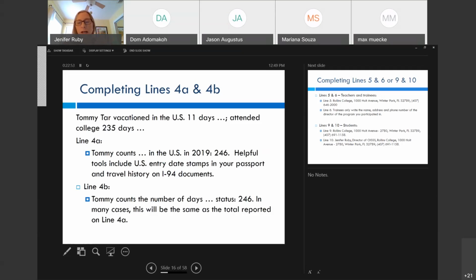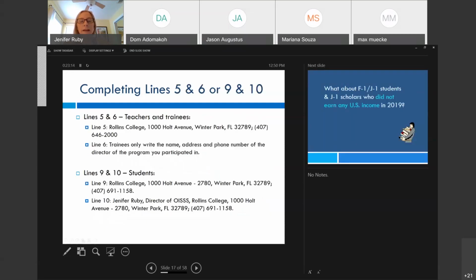I would more rely on your own recollection, but also compare it with both your recollection, flight information that you have, and of course stamps in the passport, because the I-94 can sometimes have errors, as we know. All right, and again, we went over what to fill out in the section specific to students, as well as to teachers and trainees.